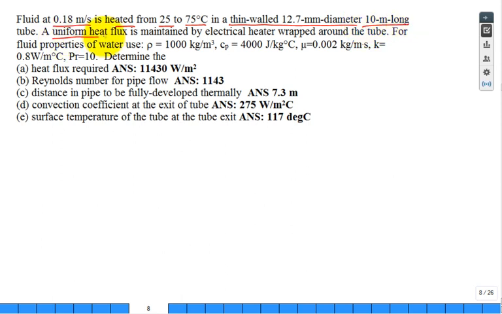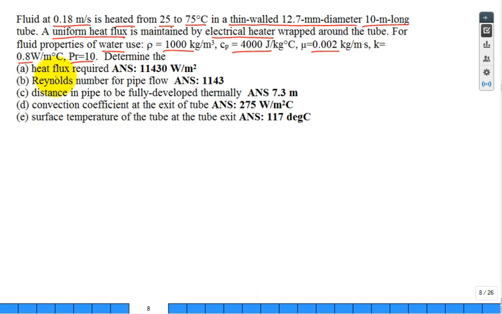A uniform heat flux is maintained by an electric heater wrapped around the tube. For fluid properties, sometimes I do this to make it easier. Don't chase the table. If you've gone into the table and gotten fluid properties a few times, it's just work. But here, use these values of rho, specific heat, mu, thermal conductivity, and Prandtl number.